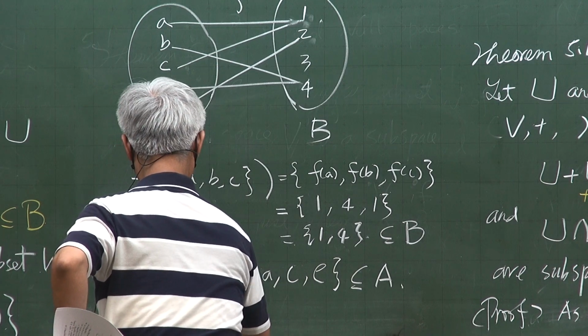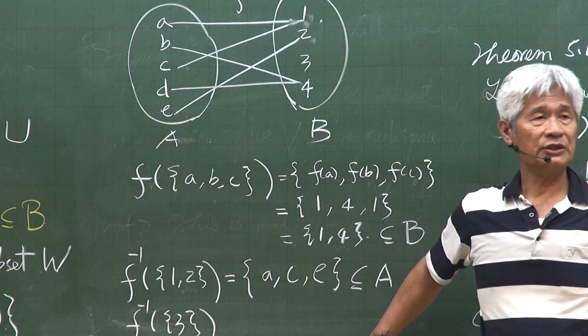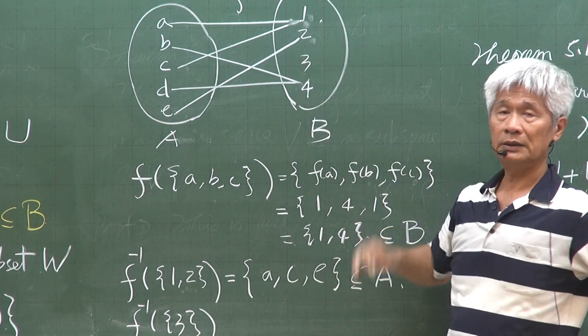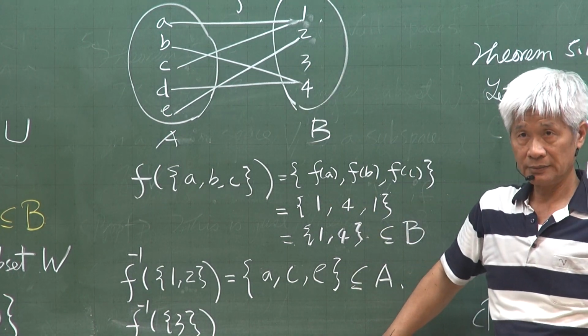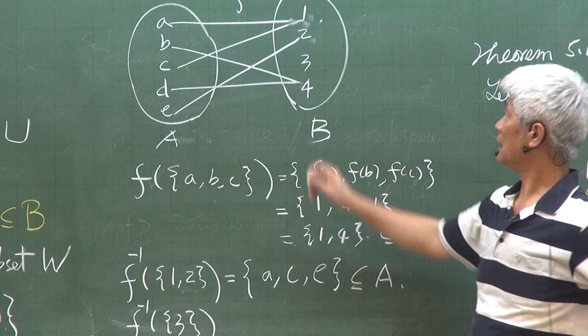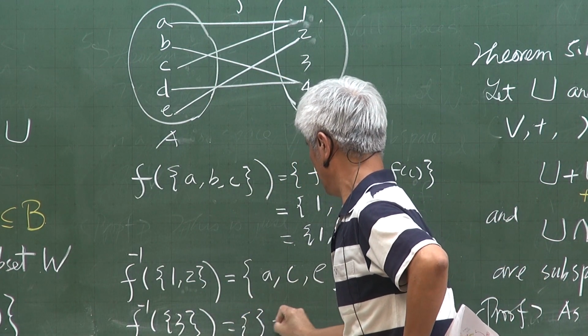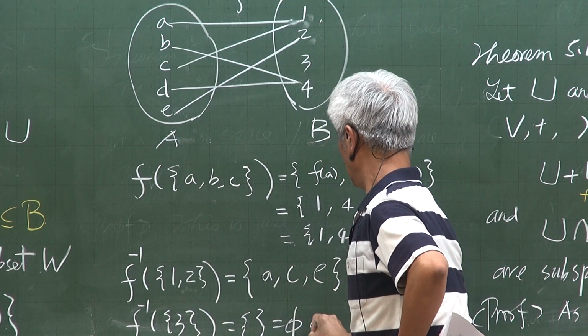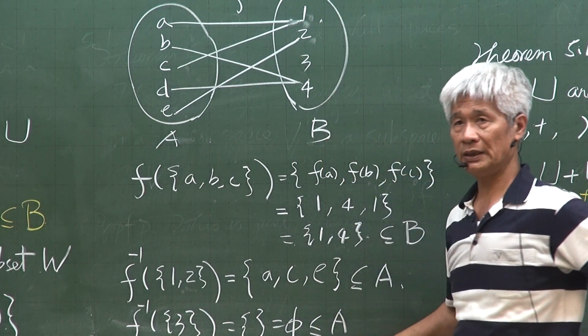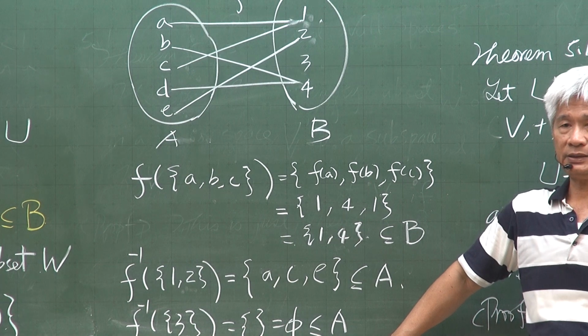What is the inverse image of the set that consists only of 3? What is that? None of them, right? So it's the empty set. Empty set is also a subset of A by definition.